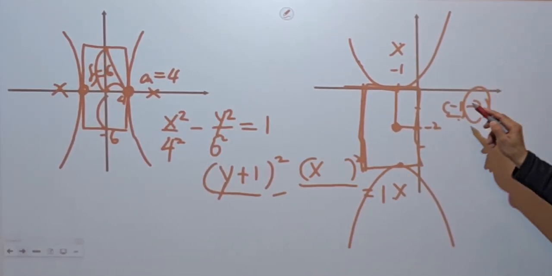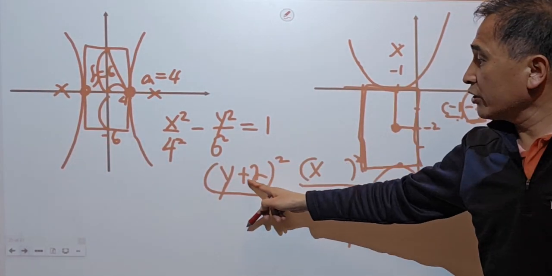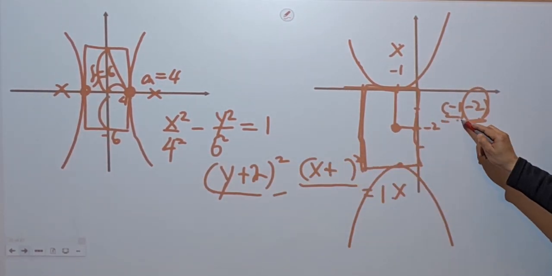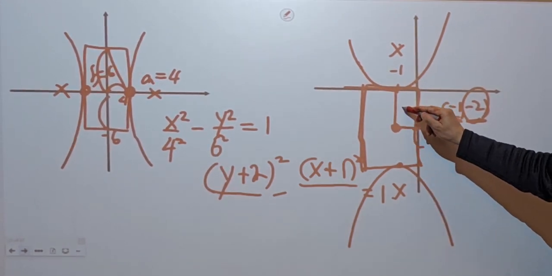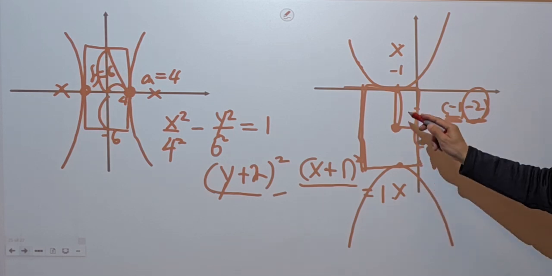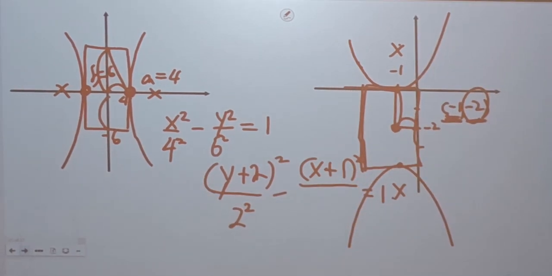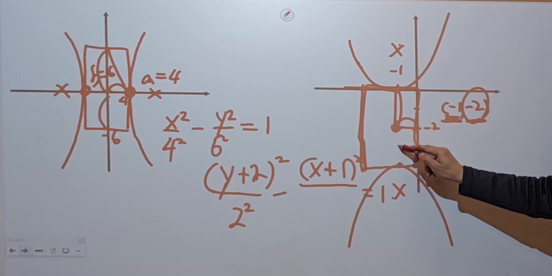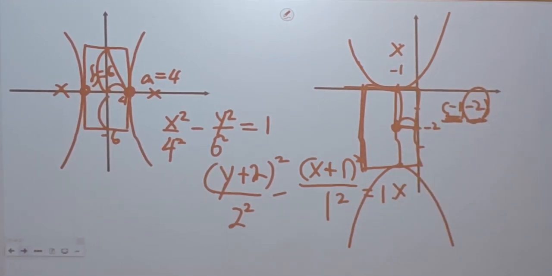Oh no, this is -2, so y plus 2 squared, and x plus 1 squared. And then this is a, from the center to the vertex. That's 2, so 2 squared. And then this is b, which is from -1 to 0, that's 1, so 1 squared. That's the equation of this hyperbola.